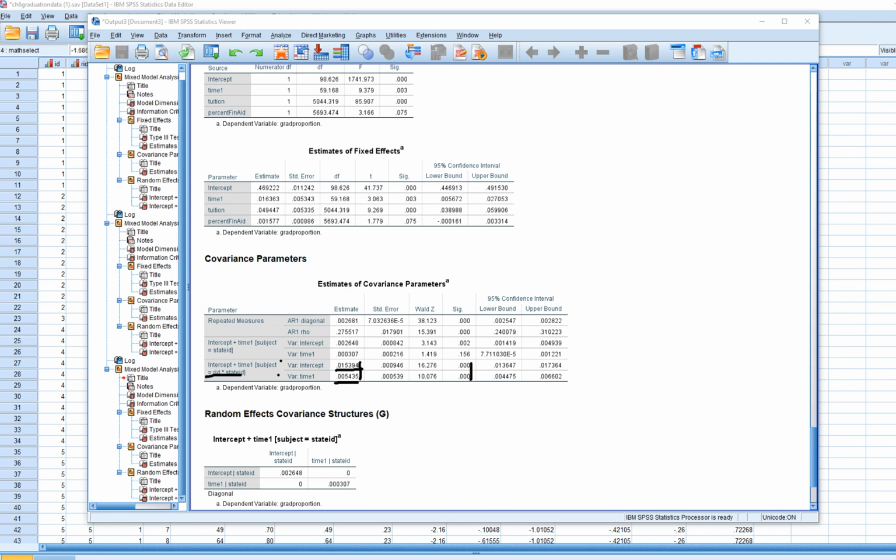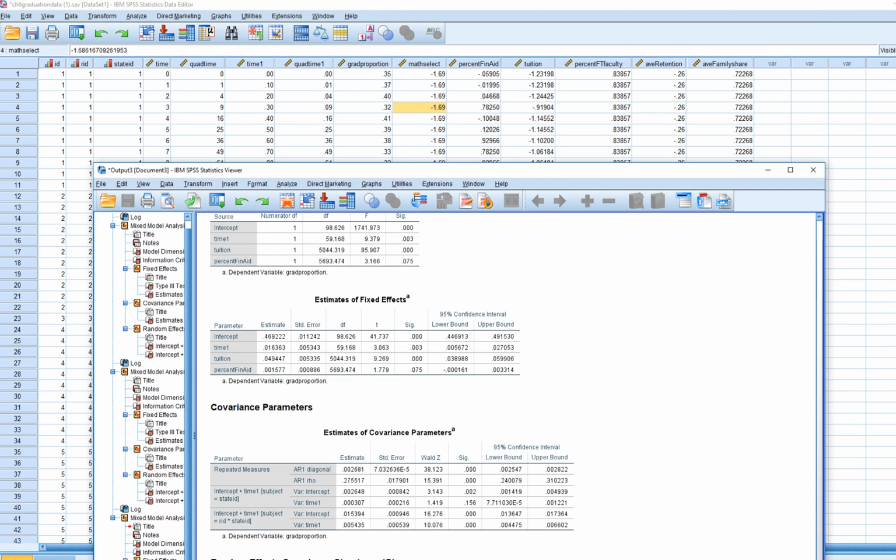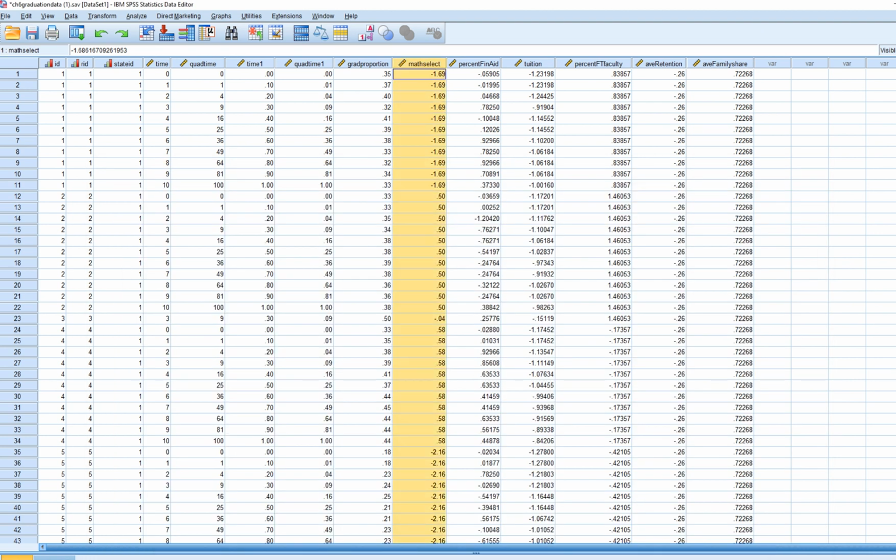So we want to look at potential between-institution predictors of those two variance components. So now we are going to add in the level 2 predictors, selectivity, or basically institutional selectivity, and percentage of full-time faculty.